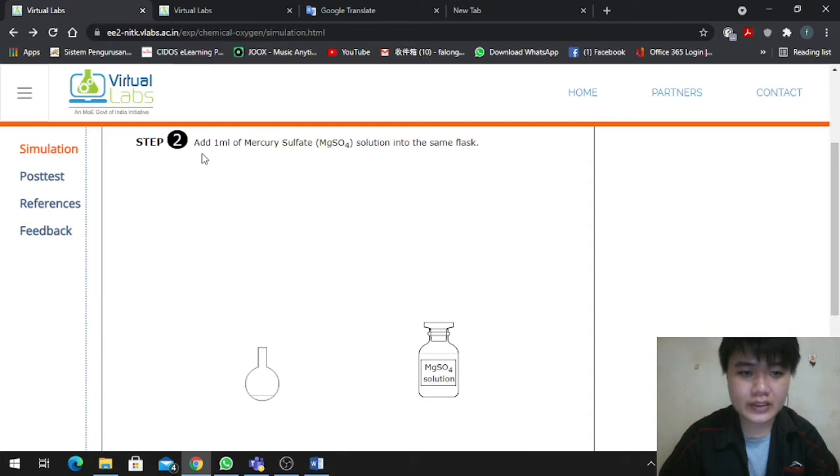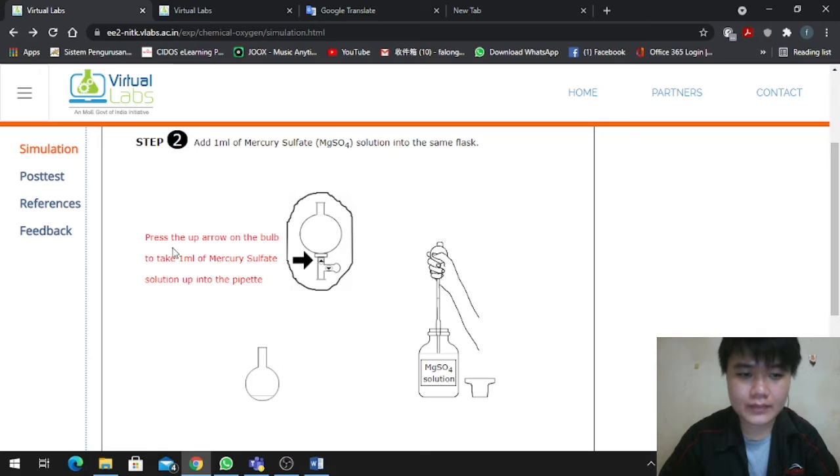Step 2. Add 1 ml of mercury sulfate solution into the same flask. Press out the arrow button on the bulb to take the 1 ml of mercury sulfate solution up into the pipette.